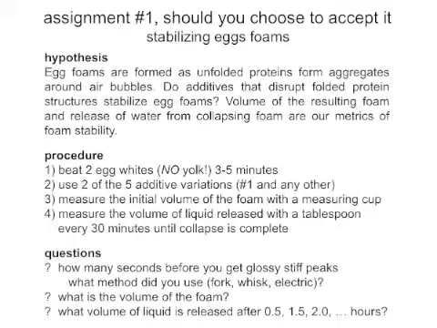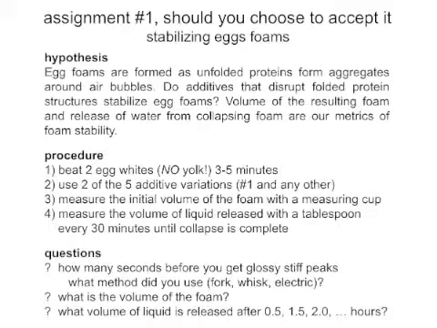And the ways that we're going to measure it are to say, well, what is the volume of the foam that we whip up? And then as the foam collapses, can we measure the rate of that collapse as a release of water from the foam? So if the foam is stabilized by these chemicals that we add to the whisked up mixture, will the release happen more slowly? So you're going to measure that.